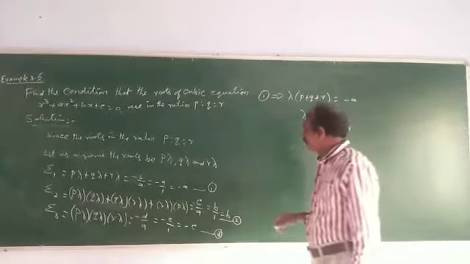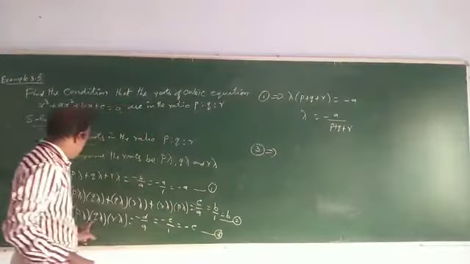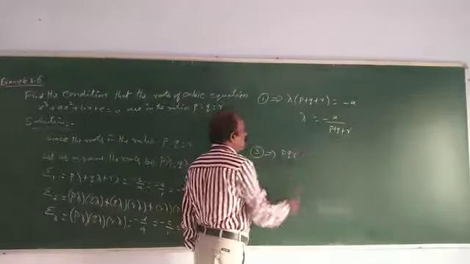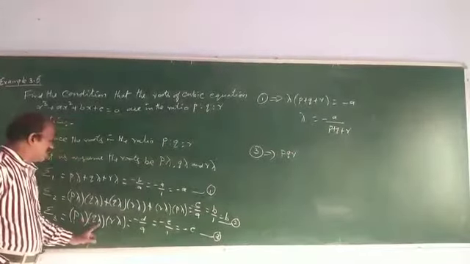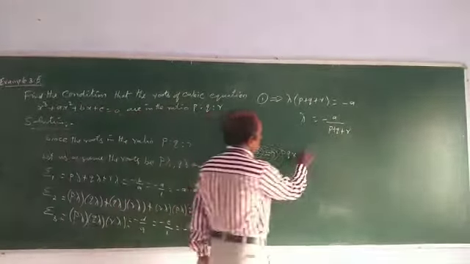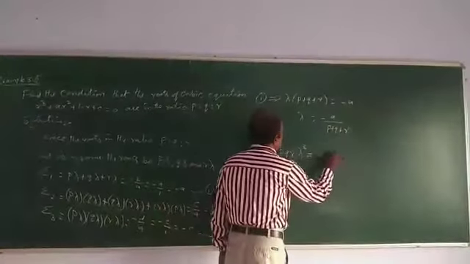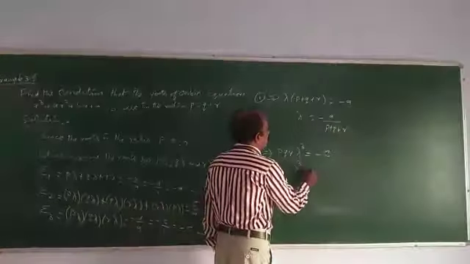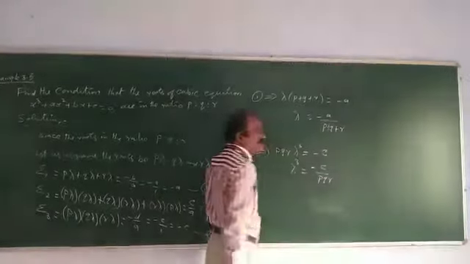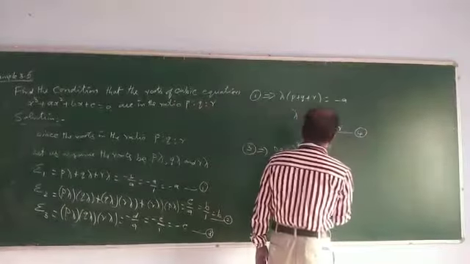In equation 3, p q r into lambda cubed equal to minus c. Therefore, lambda cubed equal to minus c by p q r. This is equation number 4, and this is 5.